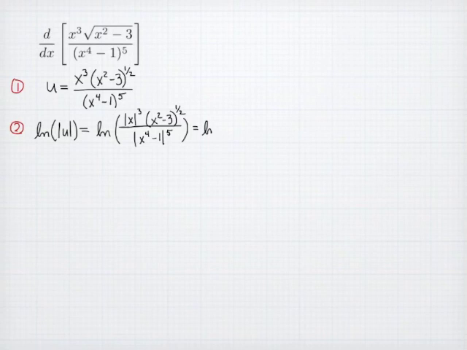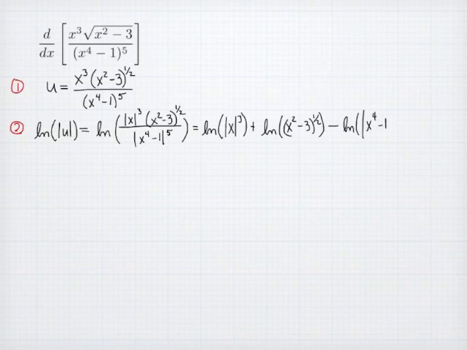So I get the logarithm of the absolute value of x cubed plus the logarithm of x squared minus 3 to the half, and the quotient creates a difference. We subtract the logarithm of the absolute value of x to the 4th minus 1 to the 5th power.